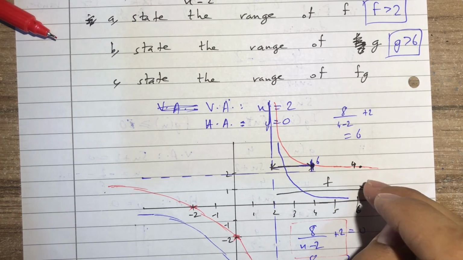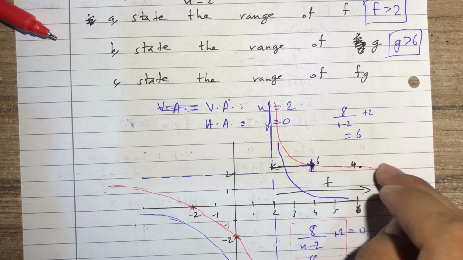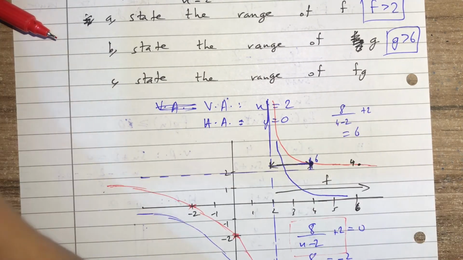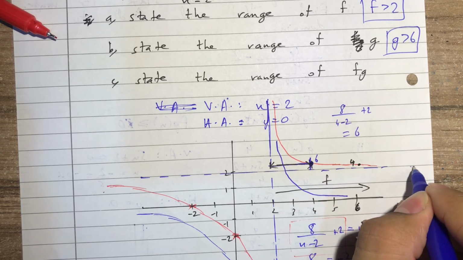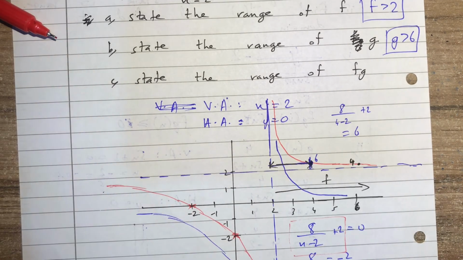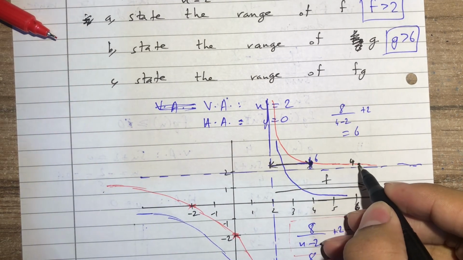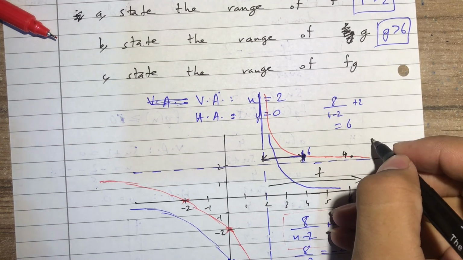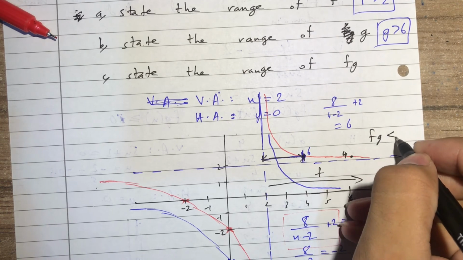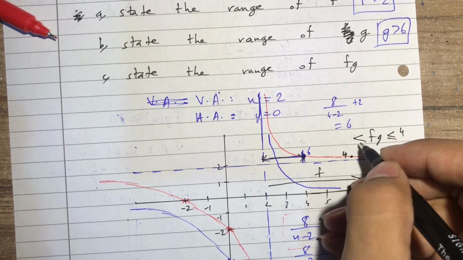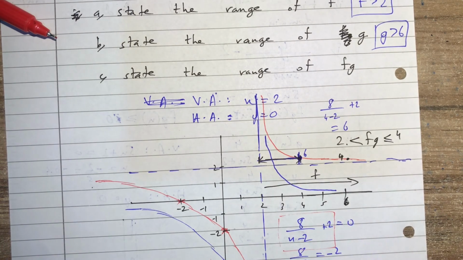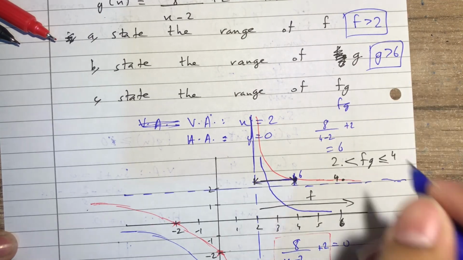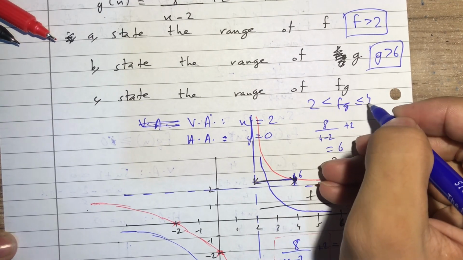So the domain of f is x greater than 6, and then there's a horizontal asymptote below it. So the range of fg will be less than 4 but greater than the horizontal asymptote, that is 2. I hope that makes sense. So fg is greater than 2 but less than or equal to 4.